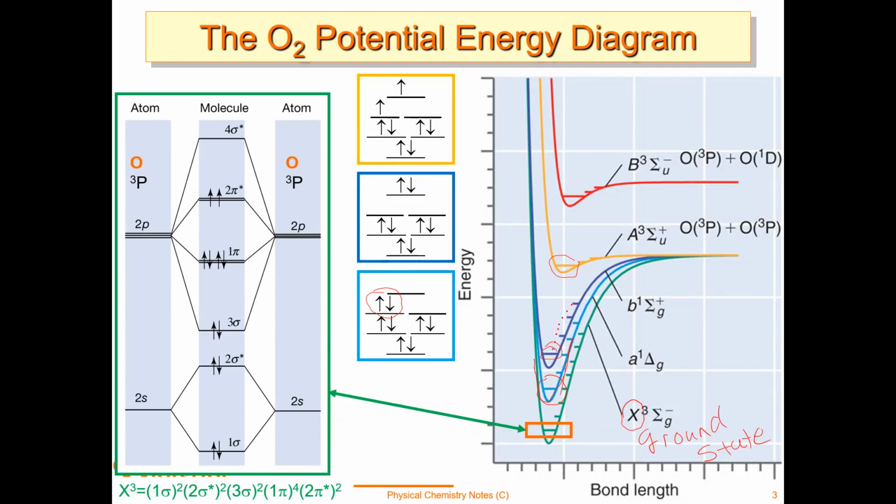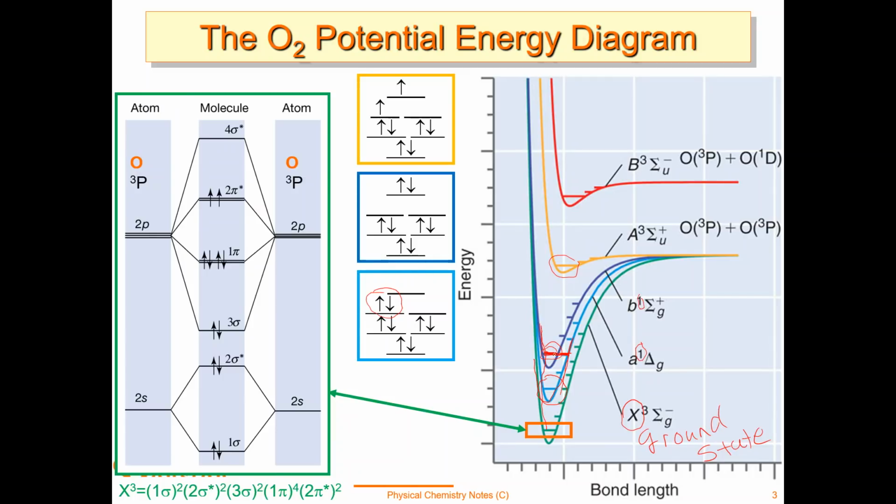So let's say that we excited this oxygen molecule to this dark blue state, and it rattled down and got to this lower vibrational state here. But then notice how that vibrational state is the same energy as this vibrational state. And it can do internal conversion because these are the same multiplicity.